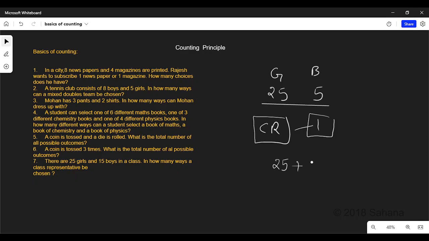So there are 15 boys and 25 girls. Therefore, I have 40 options. Out of 25 girls and 15 boys, I have to choose one person. So it's or: either I can choose a boy or a girl. Therefore, 25 plus 15. So there are 40 ways of choosing a class representative.